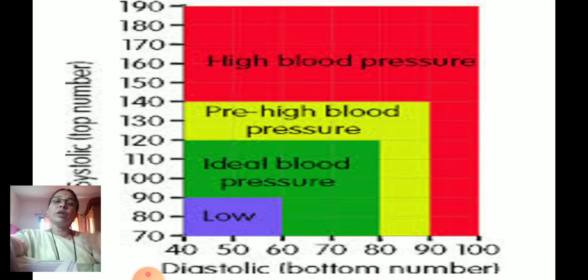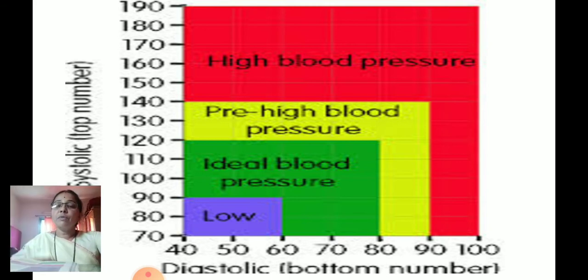Same way, when blood is flowing through the arteries and veins, there is a pressure given by the blood on the walls of the arteries and veins. That pressure we call blood pressure.